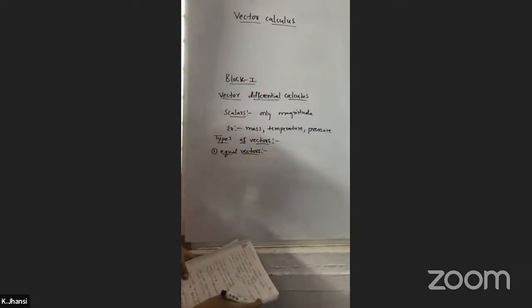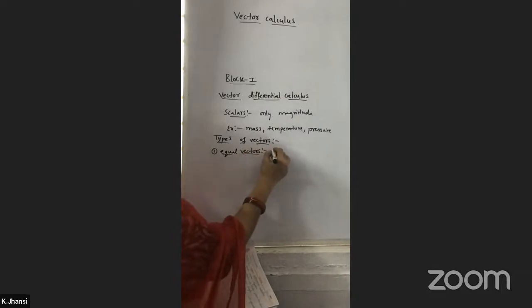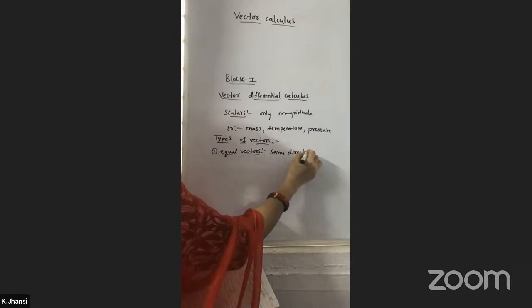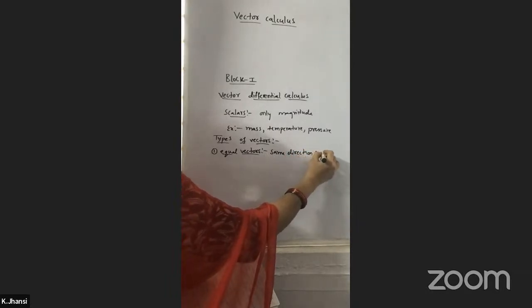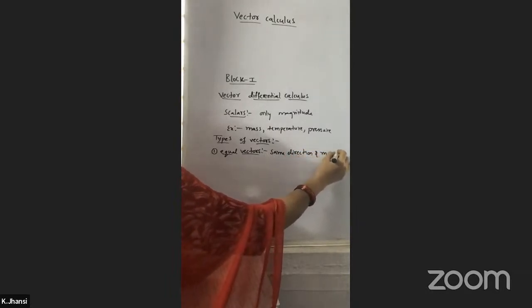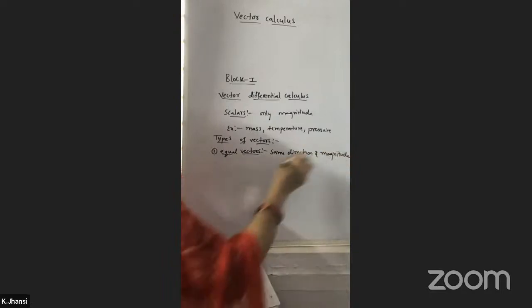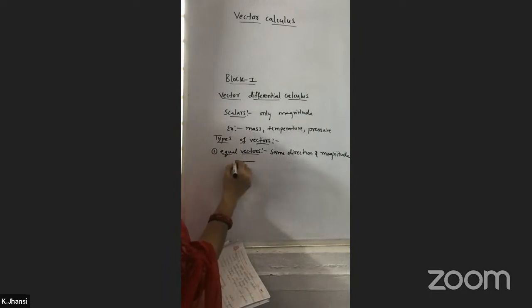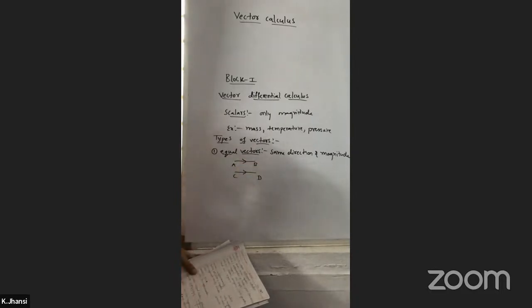So equal vectors mean same direction and equal magnitude.